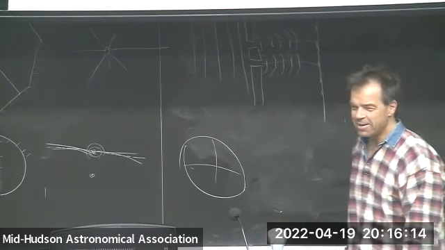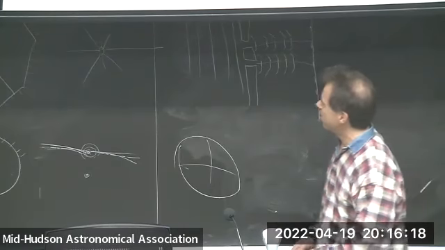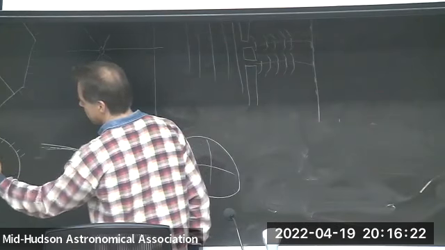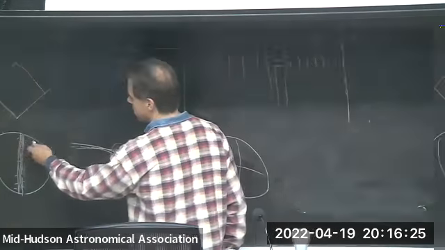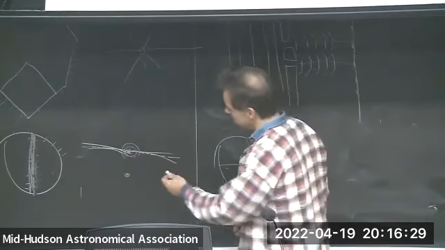But I don't know. I hope I've made it clear as far as how you get diffraction spikes. You have light that bends around every obstruction and creates a diffraction pattern.